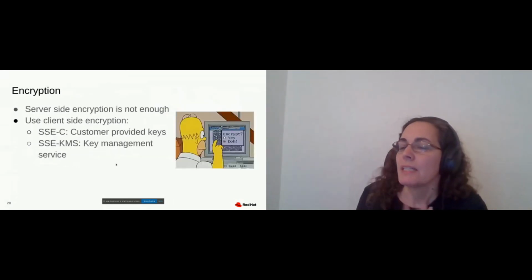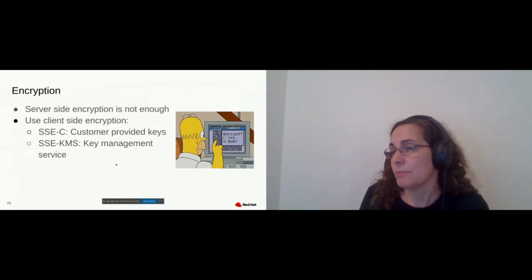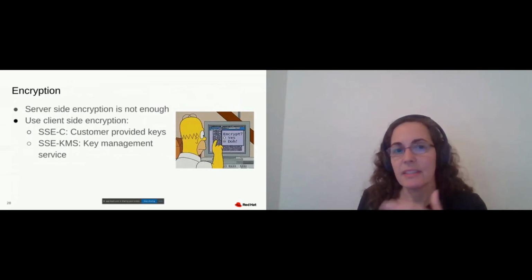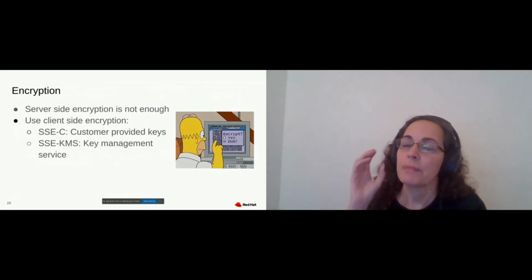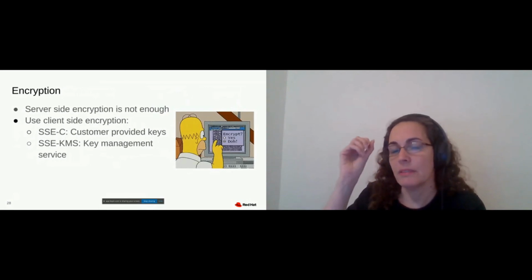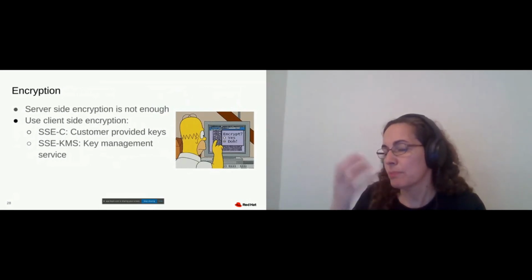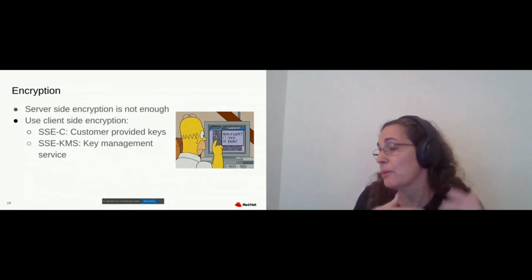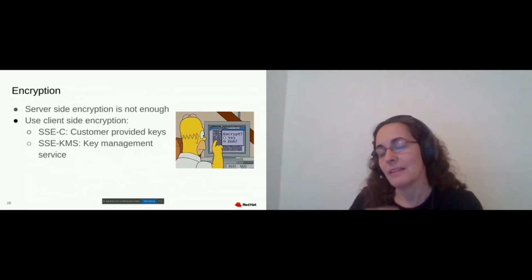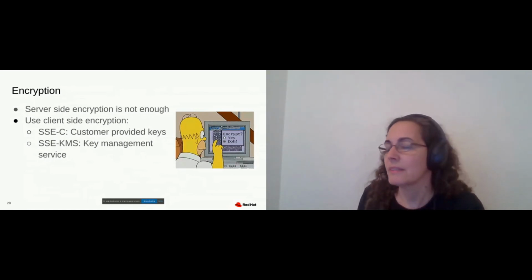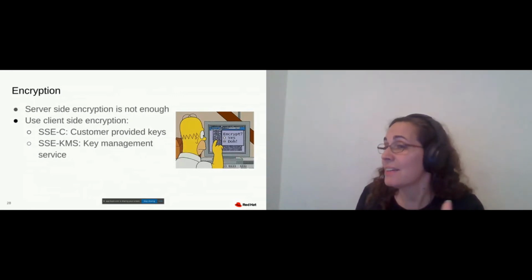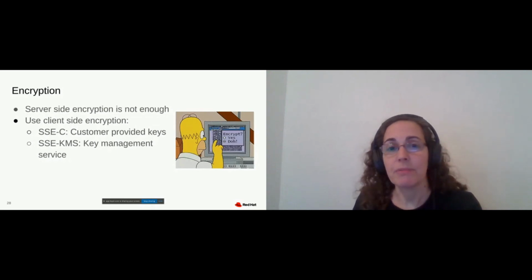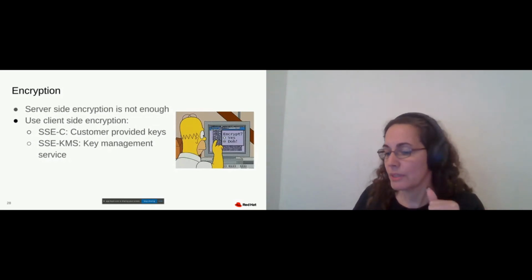Next, the storage itself always encrypts the data when it gets the data. This is server-side encryption, but that's not good enough for your privacy. Object storage has client-side encryption, meaning the data is already encrypted in the SDK, and even before it gets to the network, actually. And when the storage gets it, it's already encrypted. This way, we, the storage provider, cannot read your data. You have two types of keys. You can provide your keys or use a key management system.